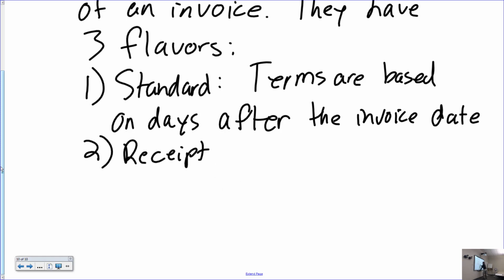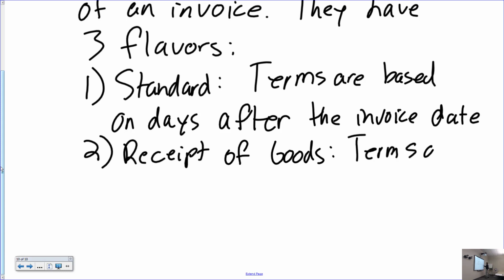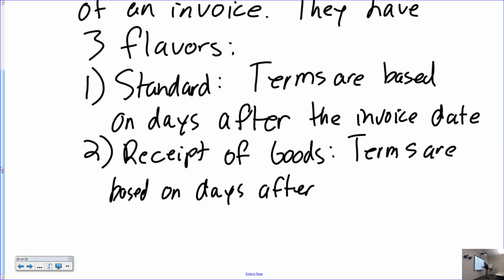You can also use receipt of goods terms. Guess what receipt of goods does? The difference? Terms are based on days after receiving goods. So instead of off of the ship date, it's off the receive date.